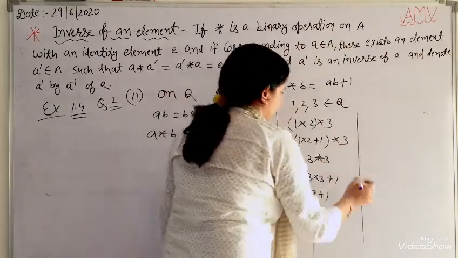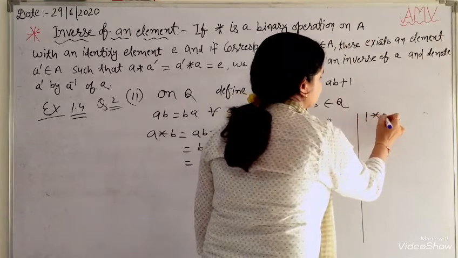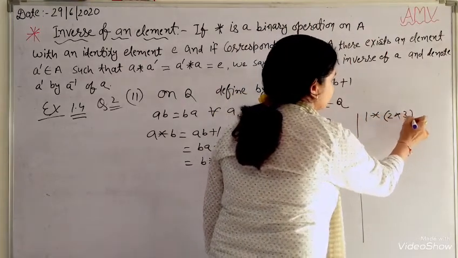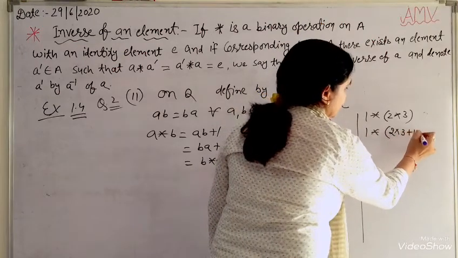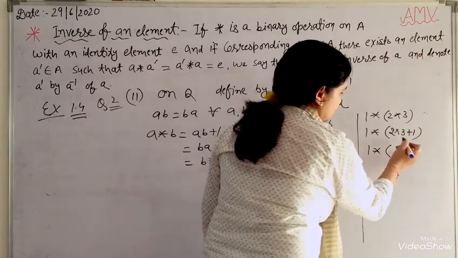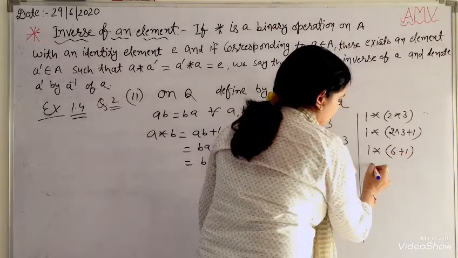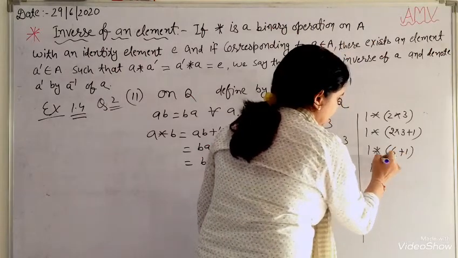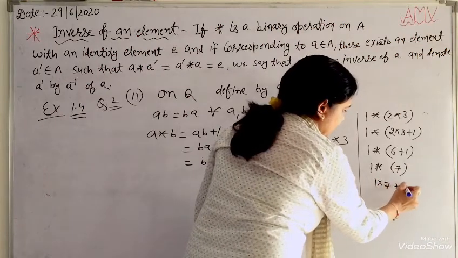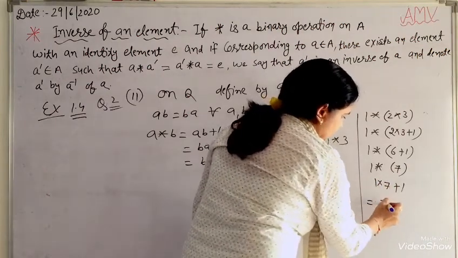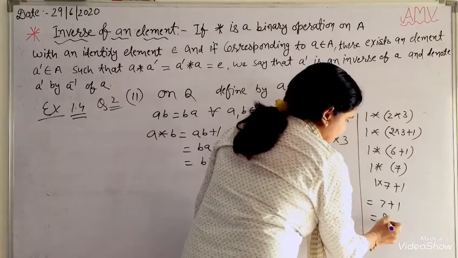And now 1 star (2 star 3). 1 star, it's 2 into 3 plus 1 according to the definition. 6 plus 1, 1 star 7, 1 into 7 plus 1. You will get, students, 7 plus 1, it's 8.